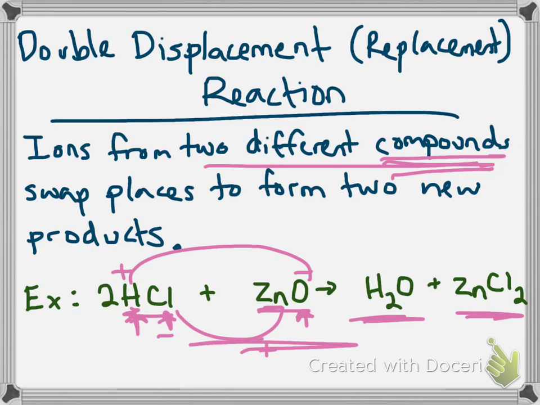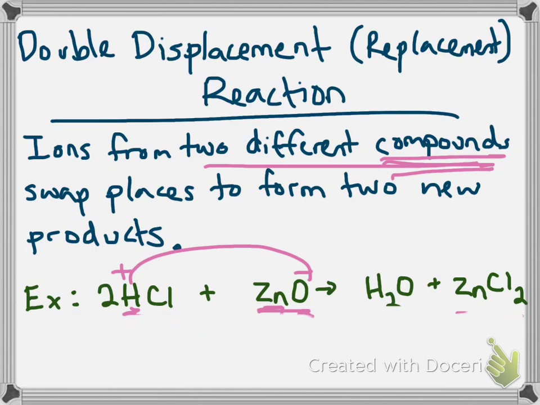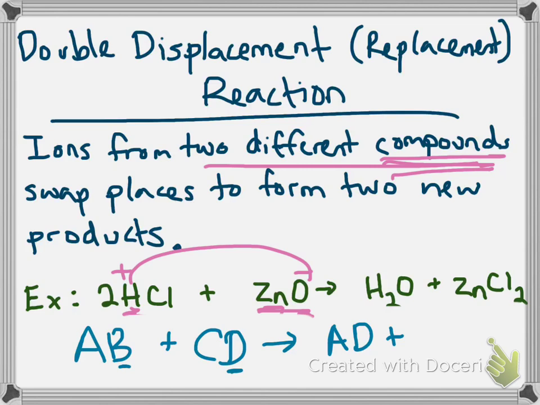So a generic version of this would be if we had AB as one compound plus CD as another compound, and the B and the D swapped places. So now we have AD and CB as our products. Okay, notice that swapping, the double displacement.